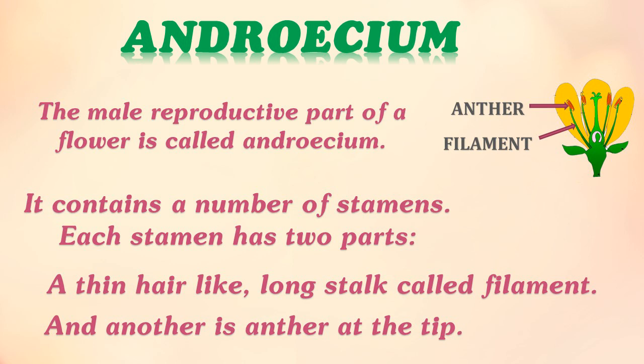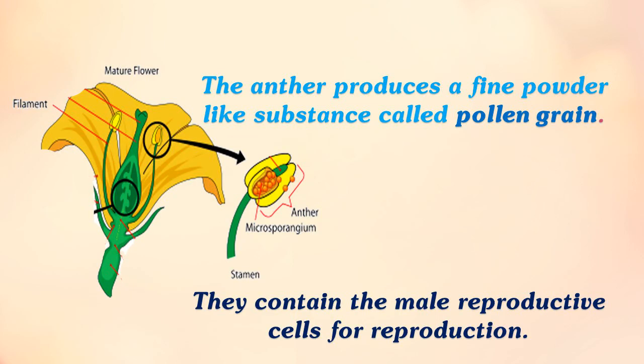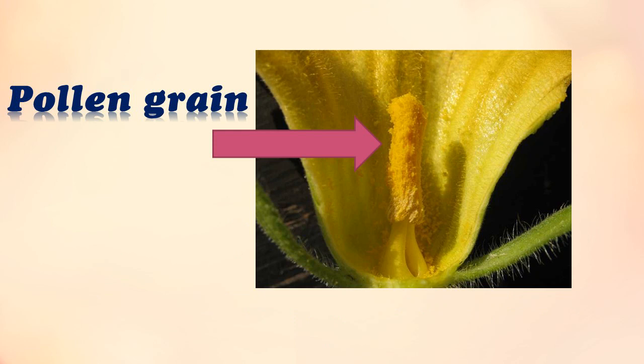In this figure, you can clearly see the anther and filament in the flower. The anther produces a powder-like substance called pollen grain. The pollen grain contains the male reproductive cell for reproduction. When you touch a male pumpkin flower, a yellow colored substance comes onto your hand. This is the pollen grain of this flower.